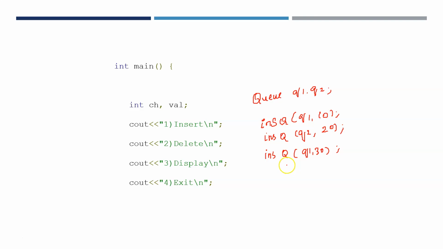Similarly, many insertions can be done, and for deleting I can write del Q, and which Q I want to delete, Q1 or Q2. If I write Q2, then the content from Q2 will be taken out. Right? So this shall be done based on a menu-based program.